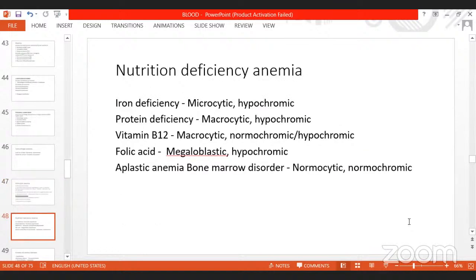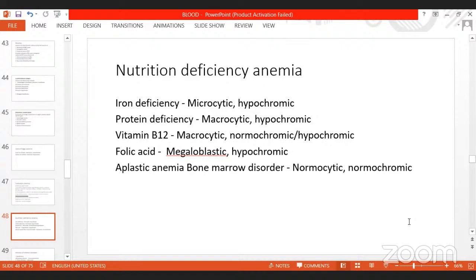And in nutrition deficiency anemia, morphologically, in iron deficiency, the cell will be microcytic and hypochromic. In protein deficiency, the cell will be macrocytic and hypochromic. During vitamin B12 deficiency, the cell will be macrocytic normochromic or hypochromic.